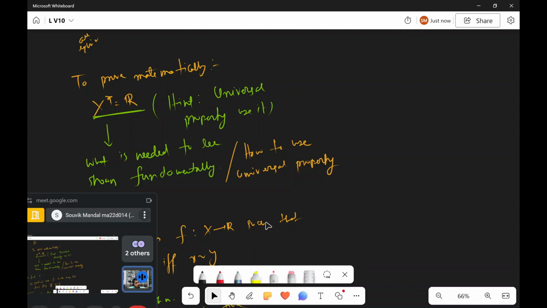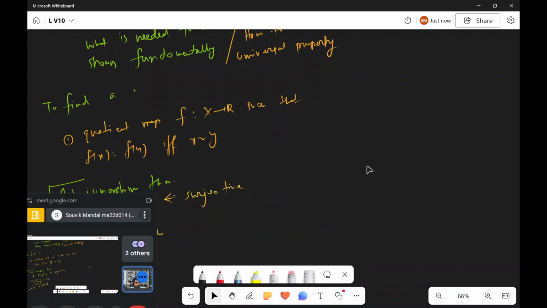In order to apply the universal property, you need to keep in mind that you need to find some quotient map, little f, from X to R, such that f(x) equals f(y) if and only if x is equivalent to y.